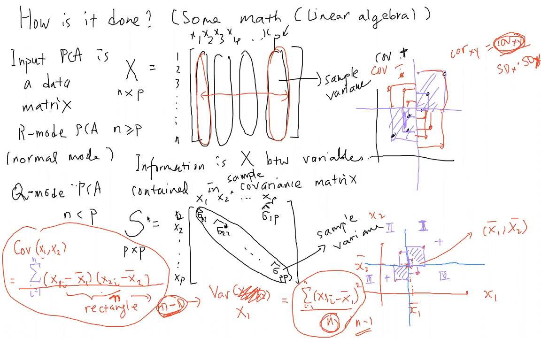Of course, your covariance matrix is obtained from X, right? In order to find the covariance matrix, you have to work with the data matrix. So your covariance matrix turns out to be the key in performing principal component analysis.